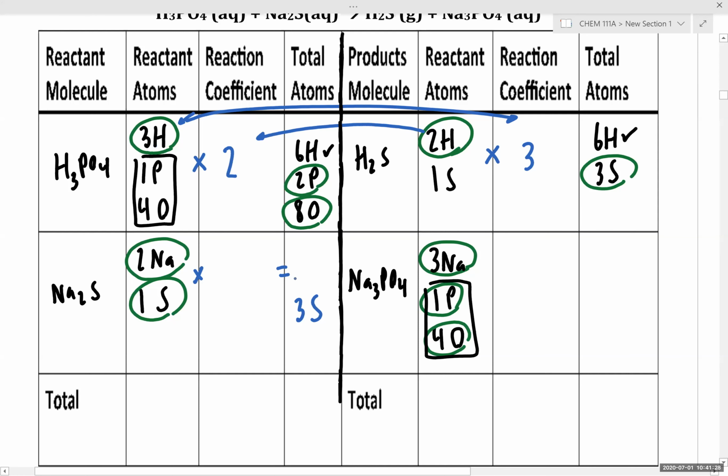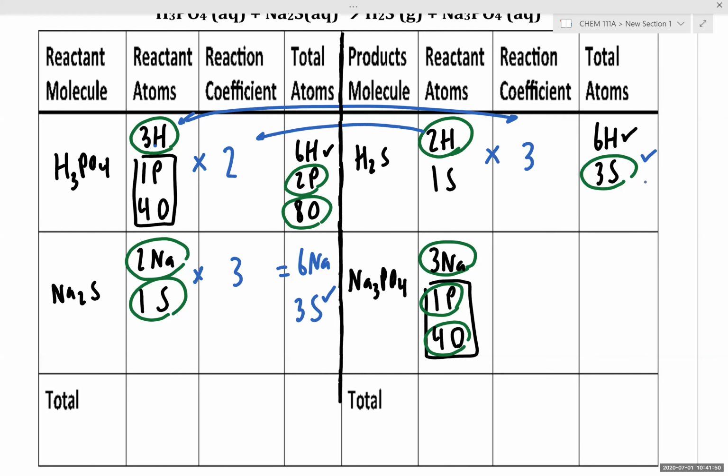One times what would give me 3? 3, yep. So we plug in a coefficient of 3 for sodium sulfide, and that in turn gives us 6 sodiums and 3 sulfurs. So at least sulfur is now balanced. So I can take that off the list of problems I have to deal with.